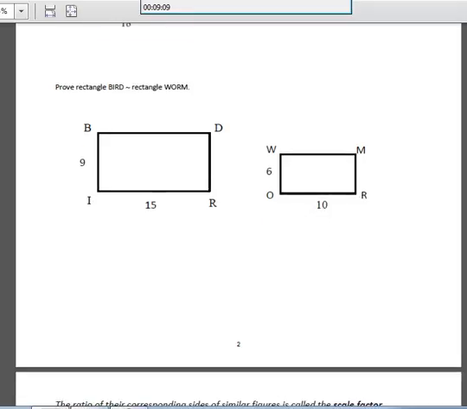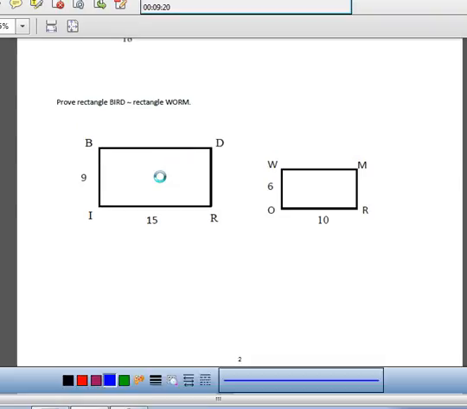Prove rectangle BIRD and rectangle WORM are similar. So remember what similar means. Same shape, different size. These are both rectangles, so we know the angles are all the same. All we need to identify then is, are the sides proportional?